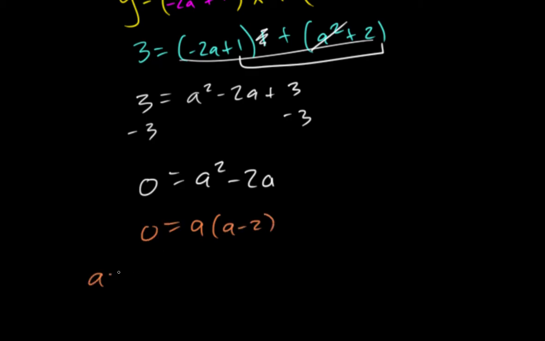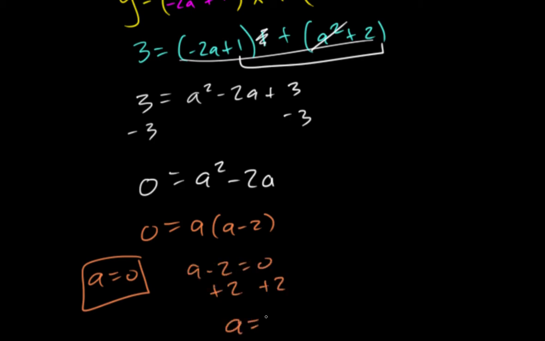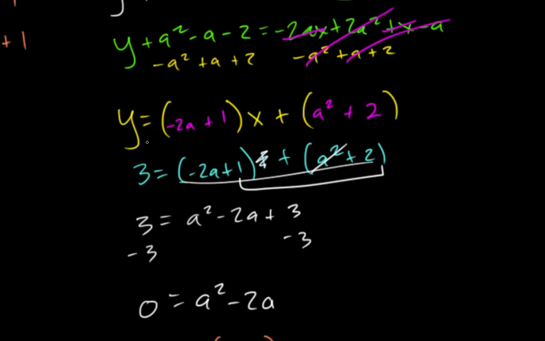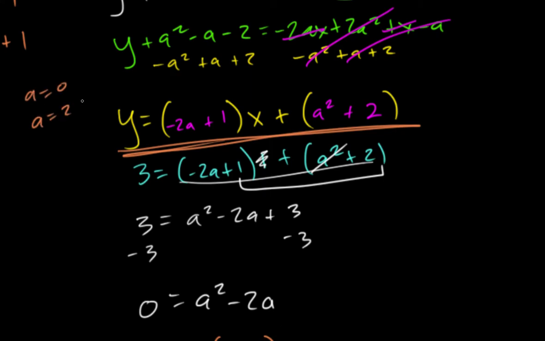Set both pieces equal to 0. And a is equal to 2. Okay? And so we found these two a values that satisfy that. So if we come back up to this, we can use both those a values, a equals 0 and a equals 2. That's what we're looking for.